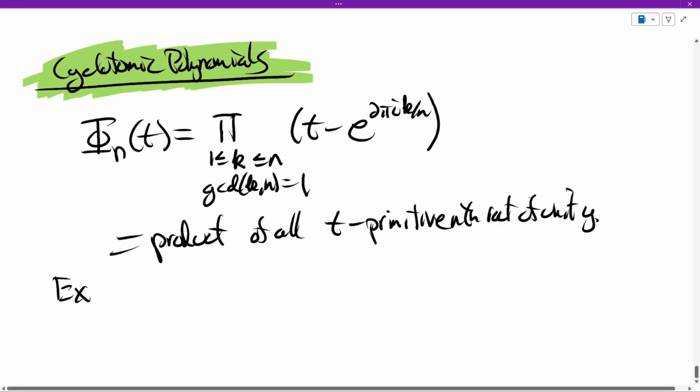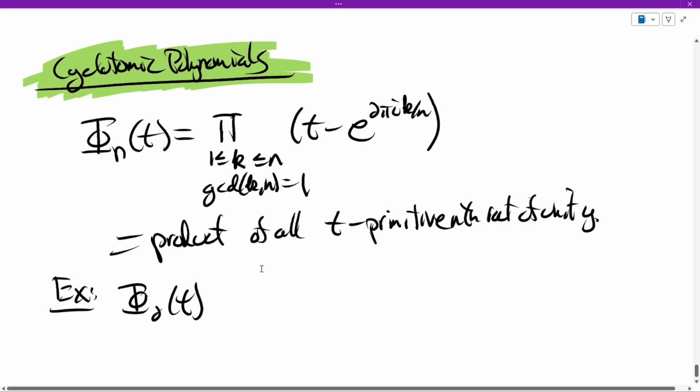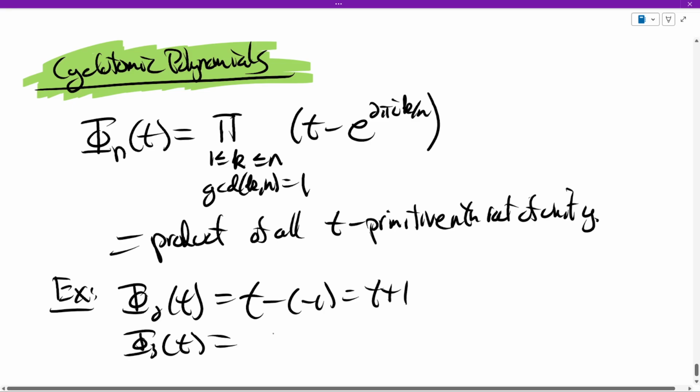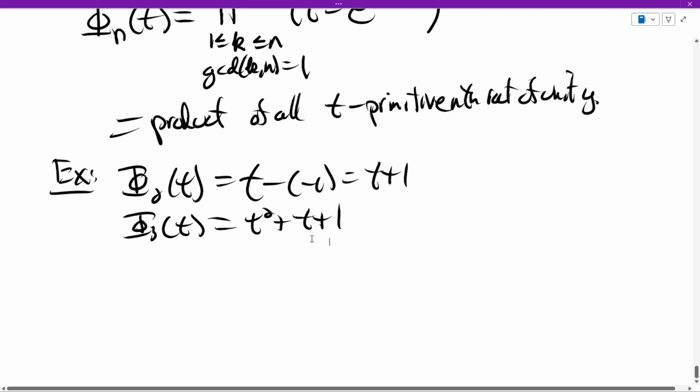So for example, phi 2 of t, there's only one primitive root of unity. It's a primitive second root of unity, it's -1. So it's going to be t minus minus 1, which is t plus 1. Phi 3 of t is t squared plus t plus 1. If you multiply it out, you will see you get that.